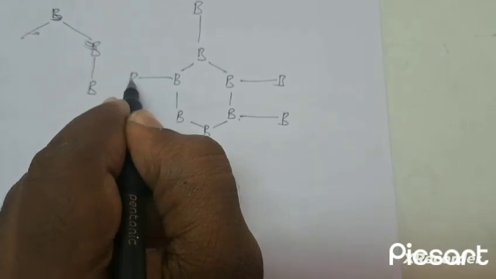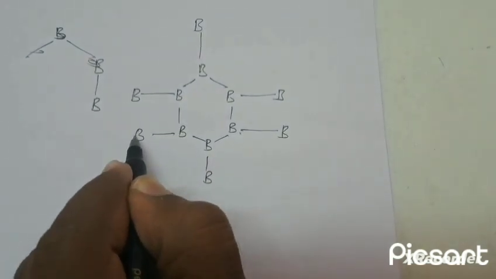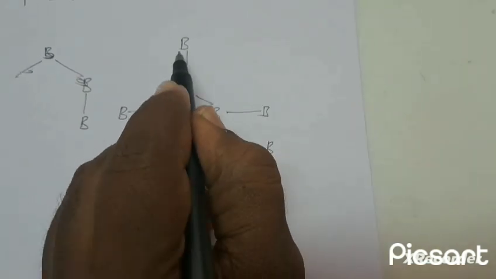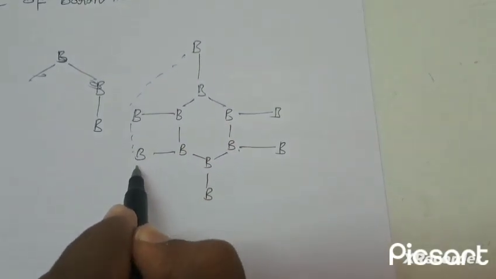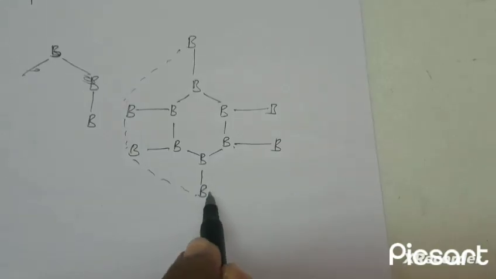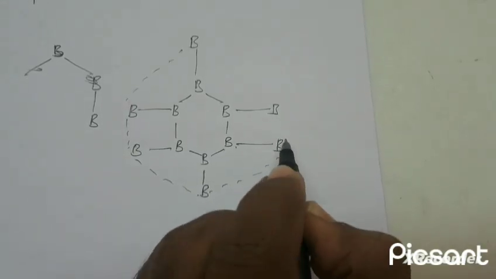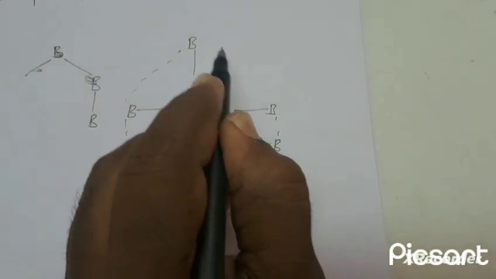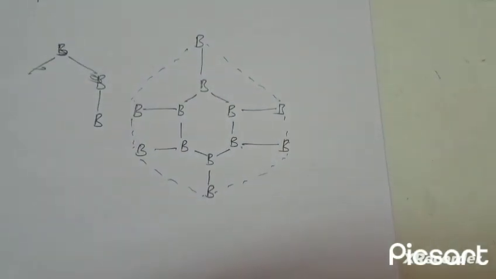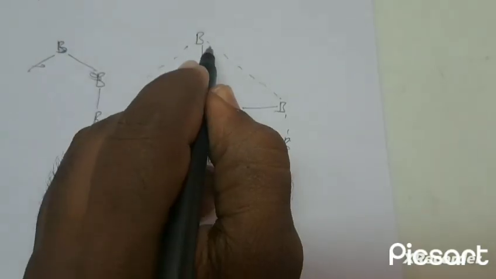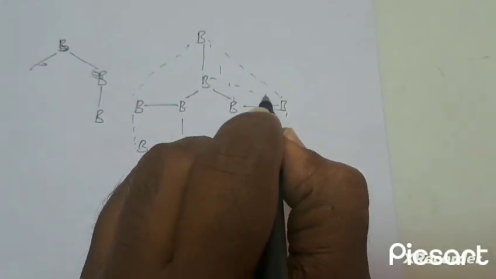Here is the structure of the fundamental building block of boron, and the structure name is icosahedral. In the icosahedral structure, 12 corners and 20 faces are present.